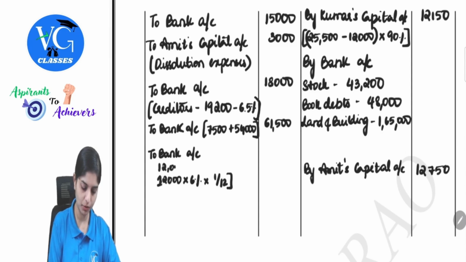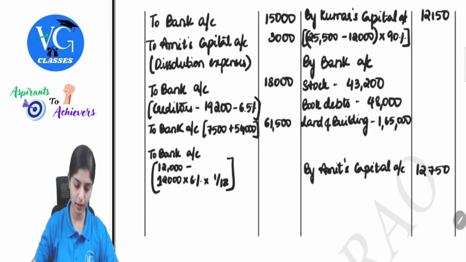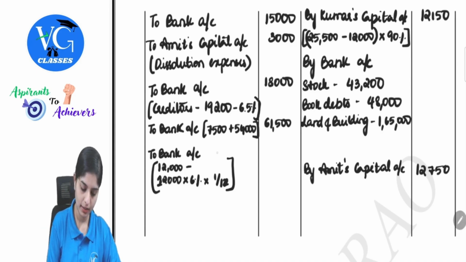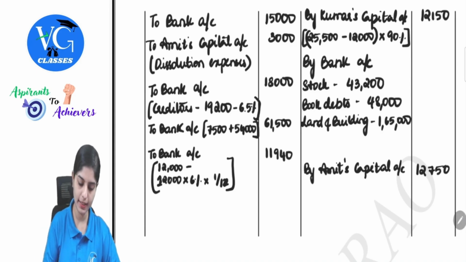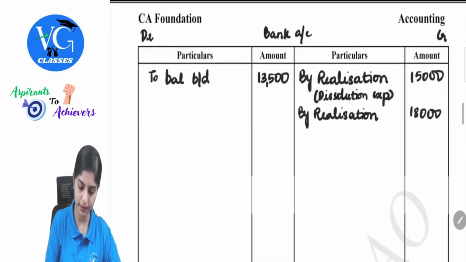So this is 12,000 minus this value, 1 by 12. So this will be 12,000 into 6% into 1 by 12 is 60 rupees. So 12,000 minus 60 is 11,940. By realization 11,940.